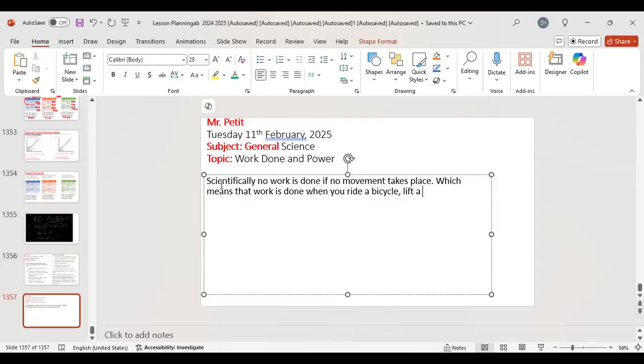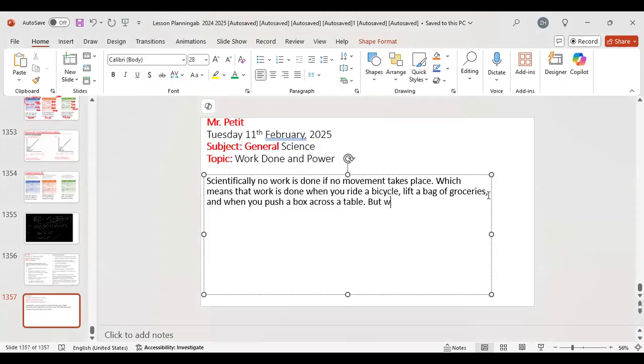Work is done when you lift a bag of groceries. Why is that the case? Because there's movement, because you're lifting the groceries from off the ground. And when you push a box across the table, okay?